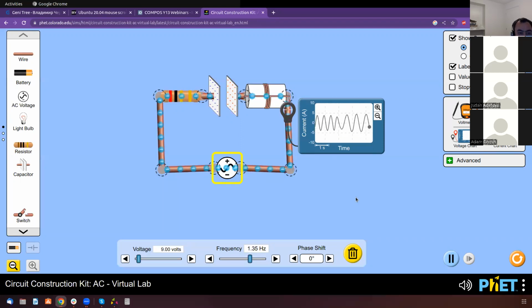So 1.35, let's have a look. The amplitude is about 5 amps, so the maximum current is about 5 amps. And let's start increasing it, getting closer to 1.49.